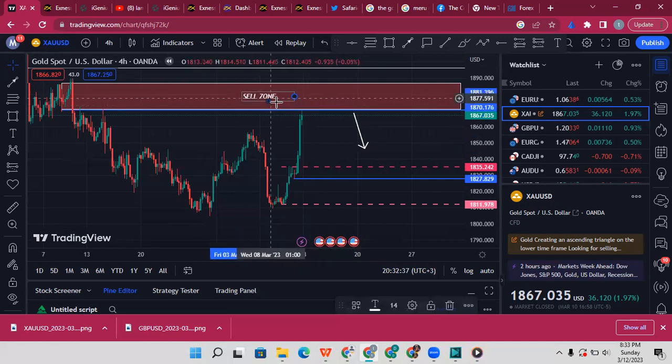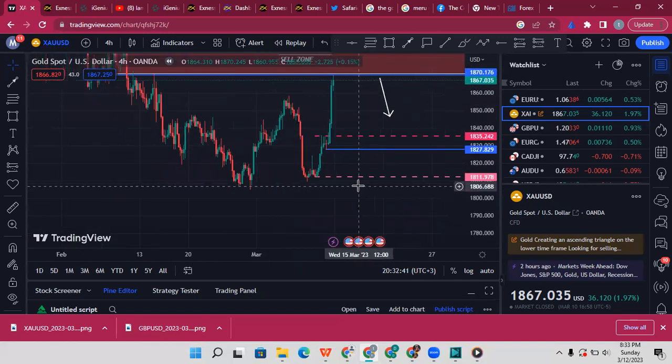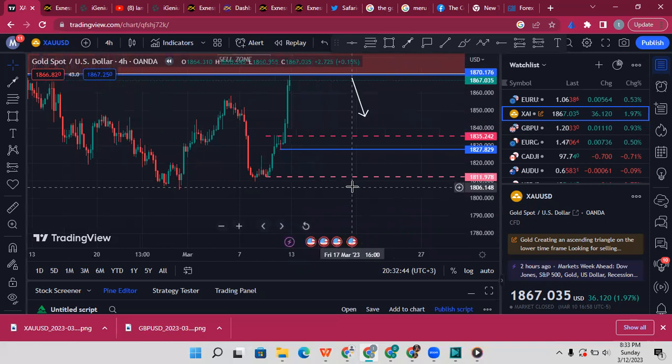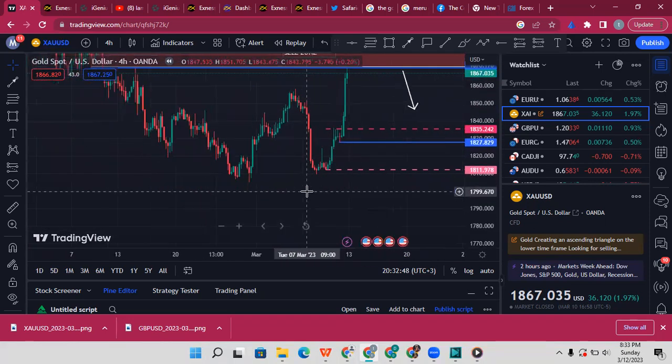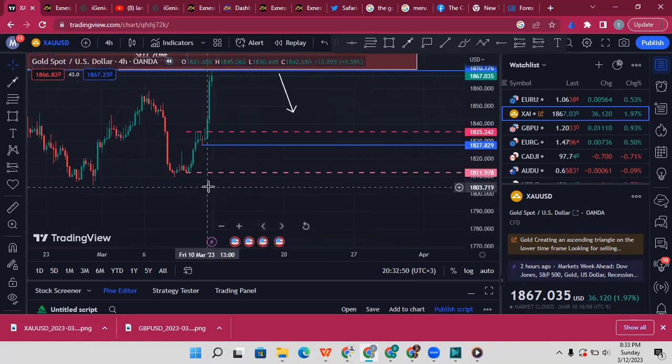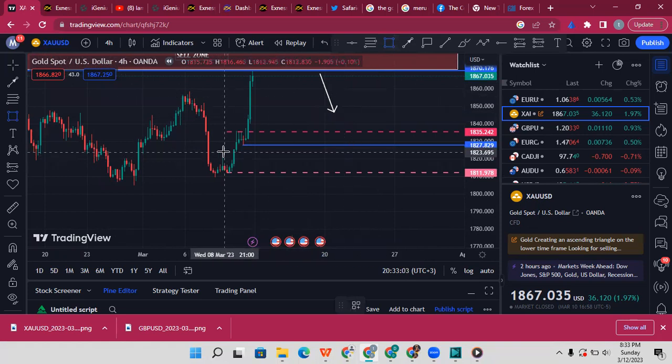Just to make it clear, remember, this is still on the 4 hours time frame. And then I still look at where price closed on Thursday was here. Where price closed on Friday was here. So let's look at the demand zone. You can see this is the demand zone.